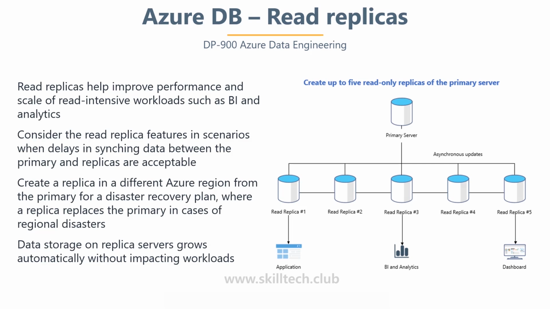So it's a kind of a disaster recovery plan or failover management plan, which can also be associated with this read replica. This will be that additional advantage which you are getting, because you are using not a normal traditional database, but a cloud-based Azure database, and that's why you're getting all these additional advantages.